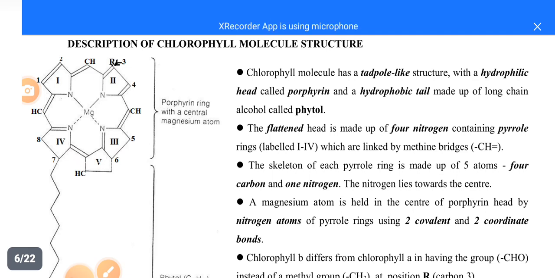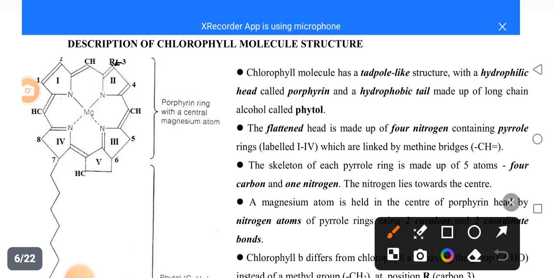Out of these 5 atoms, 4 are carbon atoms and 1 is nitrogen, as we are going to see here. So this one is carbon, and this one is also carbon. That was 2. These are 3, and this one is 4. Then this 5th one is the nitrogen atom.